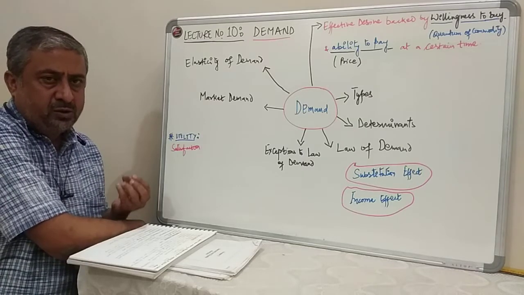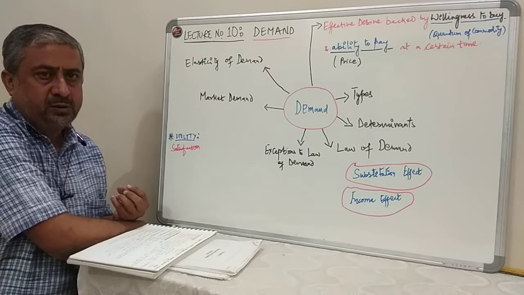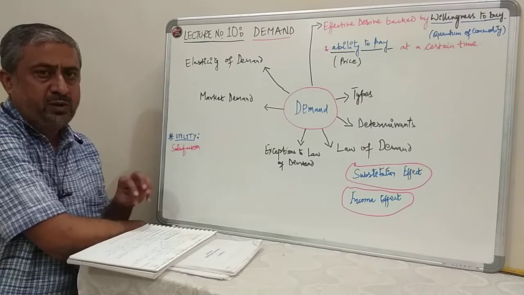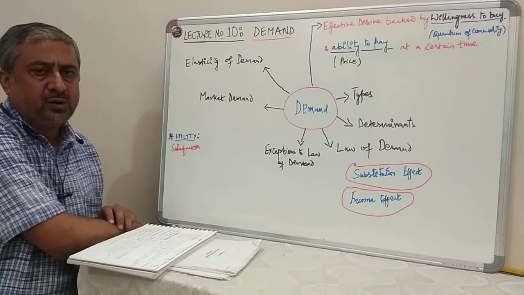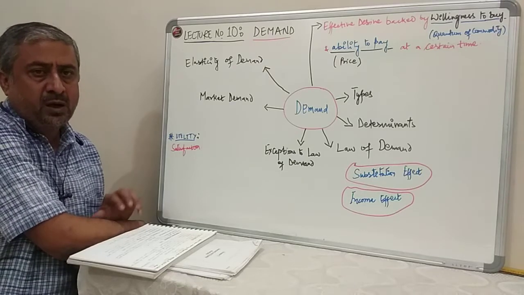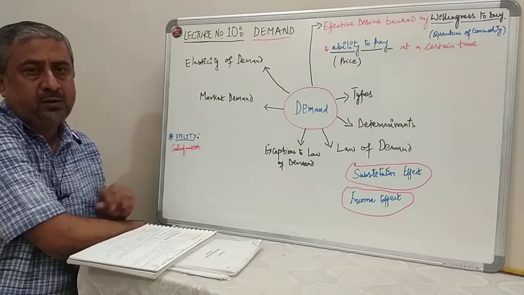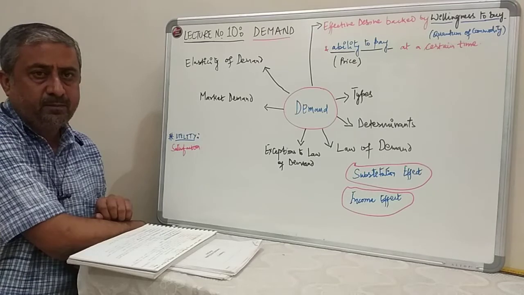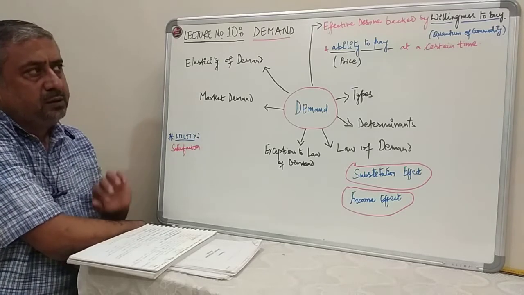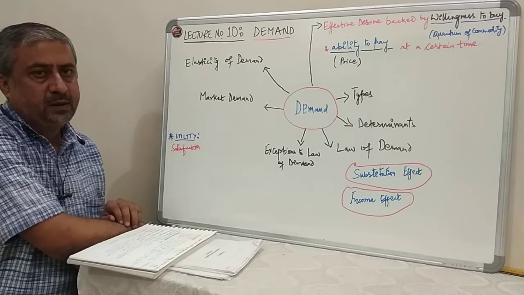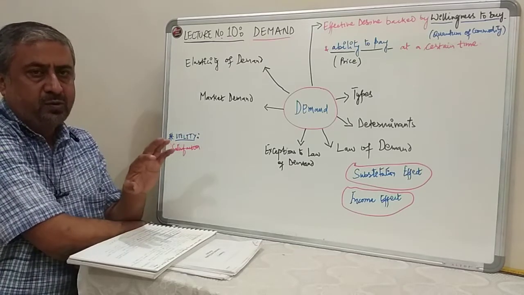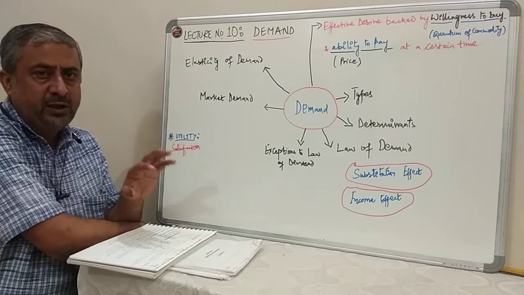For a product to have demand, people should be willing to buy. Demand is not created on its own unless people are willing to buy. Willing to buy means they know how much they want to buy. Up to this point, they are willing to buy.